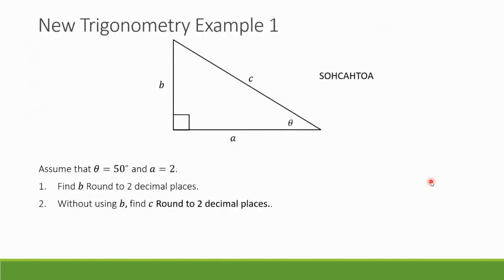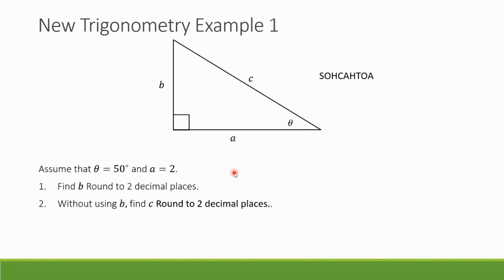Okay, I don't know if we'll finish this one, but we could definitely start it. Let's suppose this angle theta is 50 degrees. I'm also telling you that this side is length 2. So we know an angle besides the 90-degree angle, and we have the length of a side.